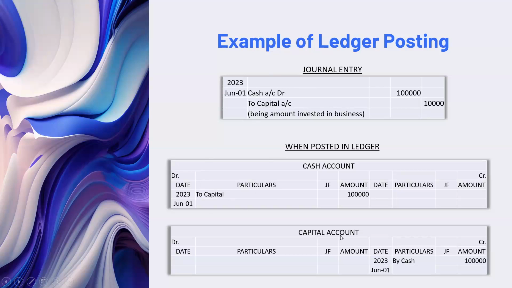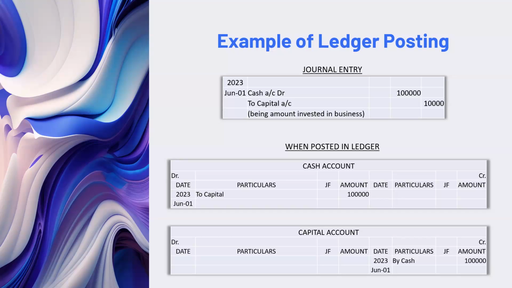In terms of money value, it means cash has been invested in the business. This particulars column is just a narration only. It doesn't mean it is that account. While viewing the ledger in the cash account, it's a debit transaction.